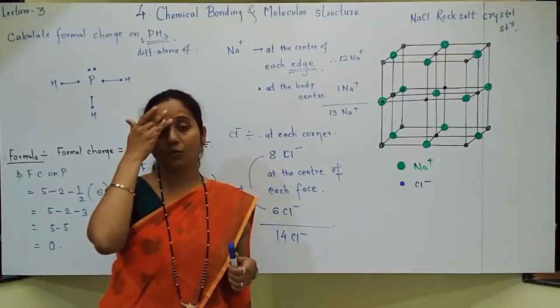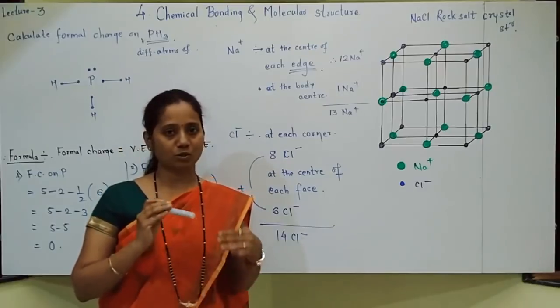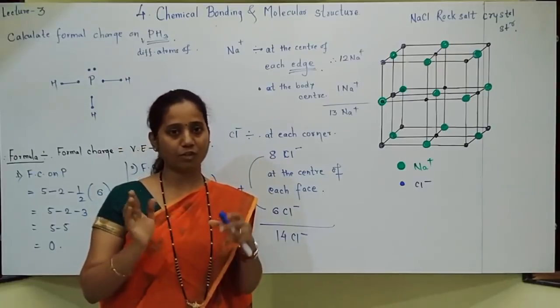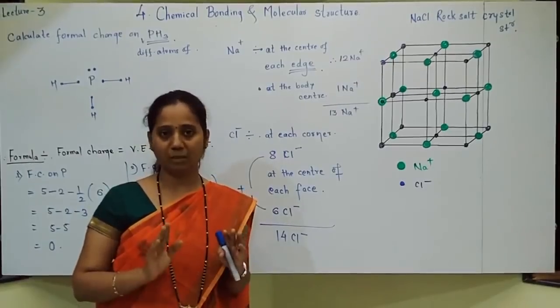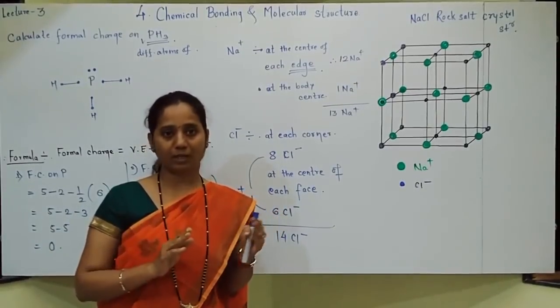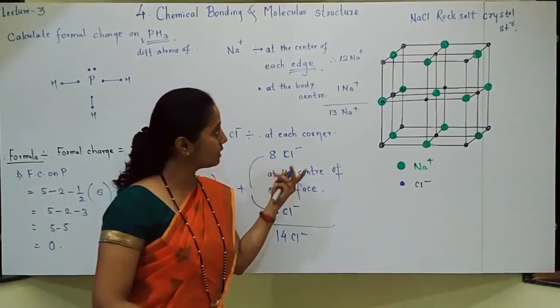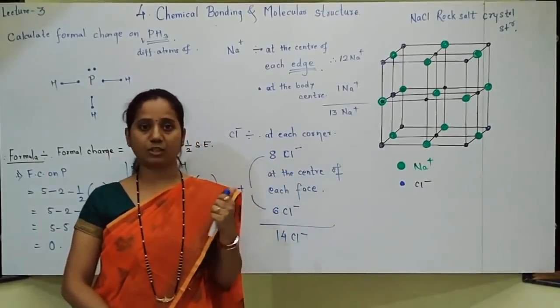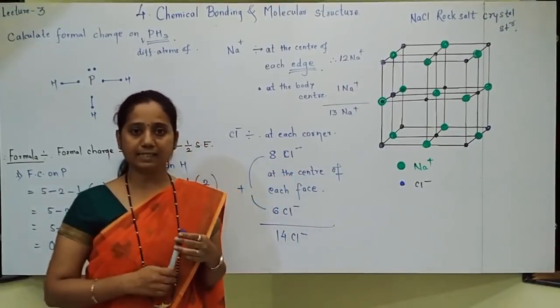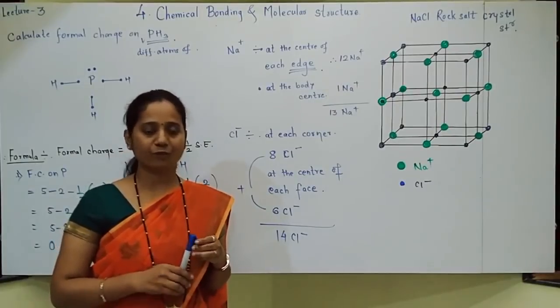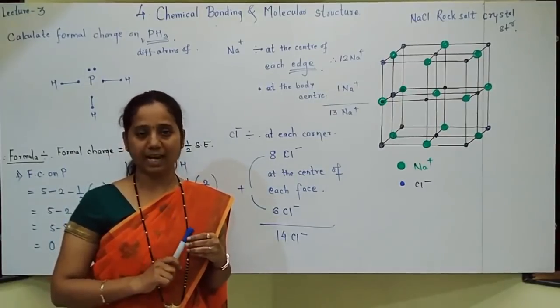So this was all about today's topic. Today's topic was actually formal charge, a very important topic. It's over, and as there was extra time, we covered the NaCl structure also. Students, in the next lecture we'll continue with the next topic. Till then, keep reading.